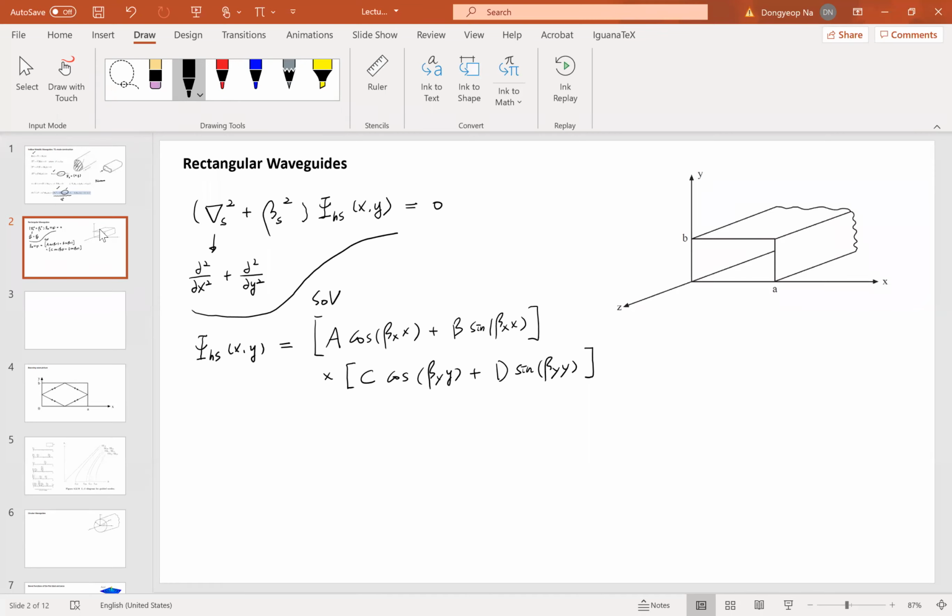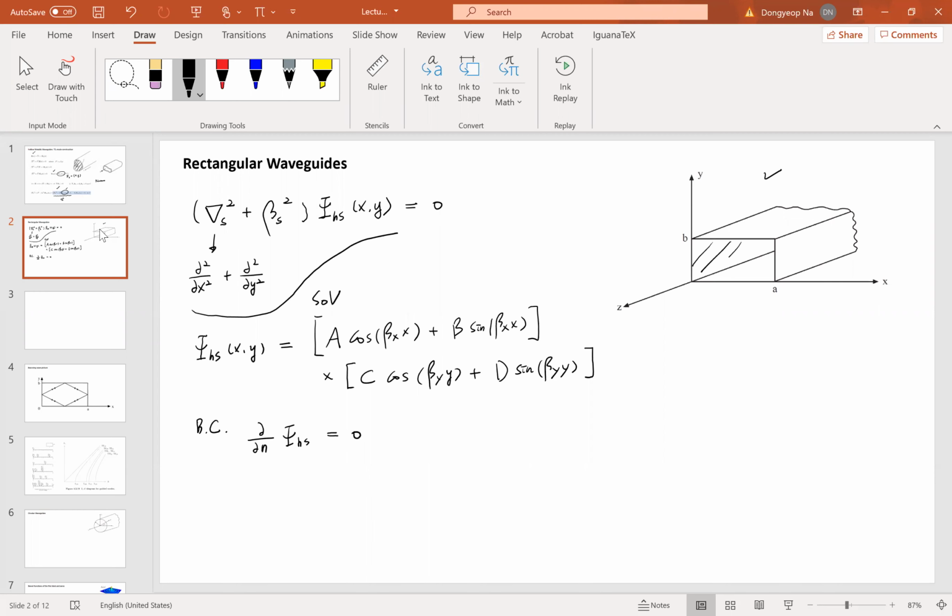On top of this, to have a unique solution for this structure, we need to apply the boundary condition. The boundary condition was given by the normal derivative should be 0 over the boundary.